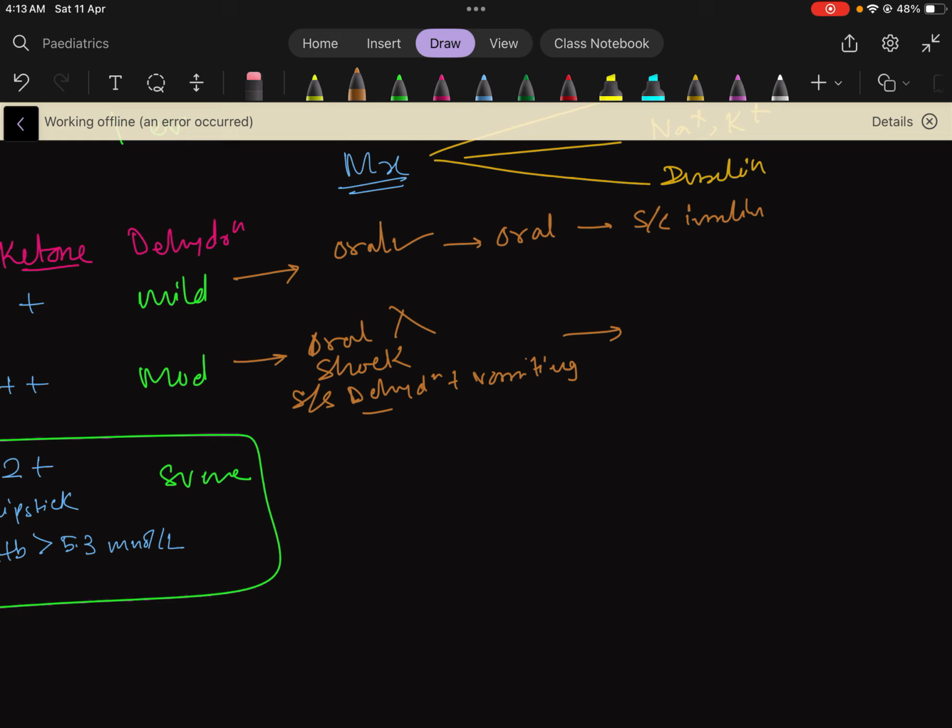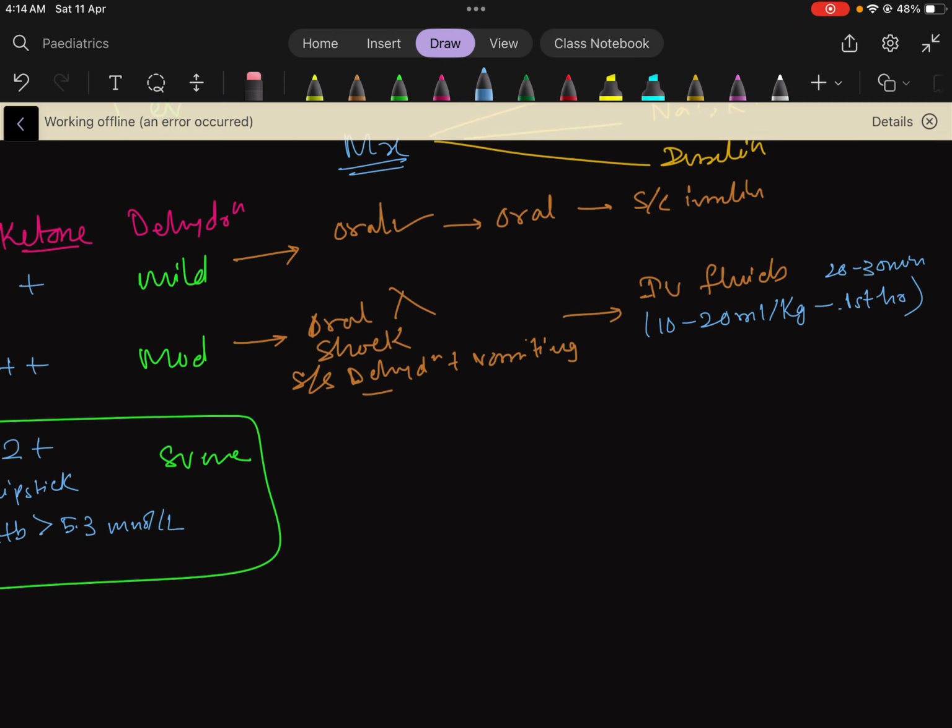Here we will go for IV fluids. IV fluids will be given at 10 to 20 ml per kg in the first hour, rather 20 to 30 minutes only. And insulin will of course be IV insulin.